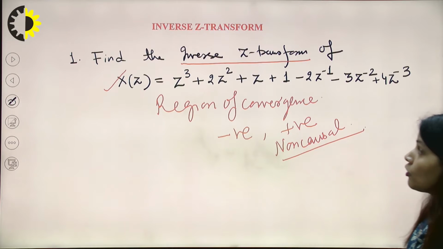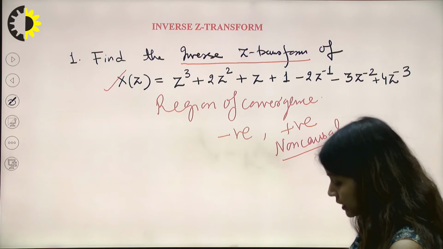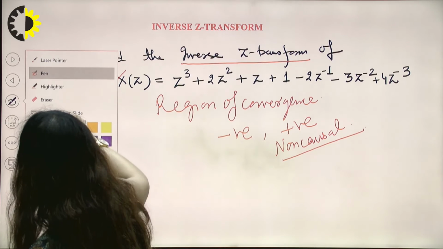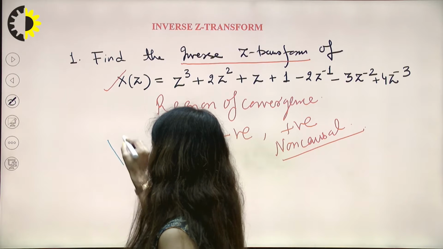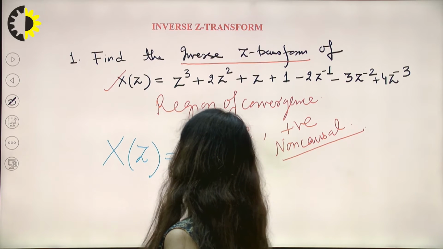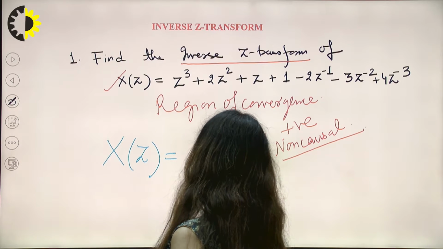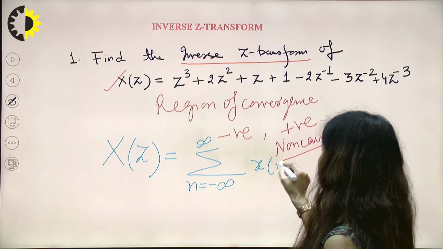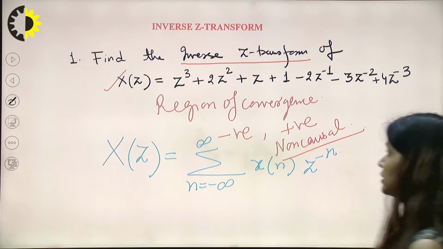For a non-causal system, how do we calculate the inverse Z transform? As we know, we have the formula for calculation of the Z transform, that is X(z) is equal to summation n equal to minus infinity to plus infinity x(n) z raised to the power minus n.